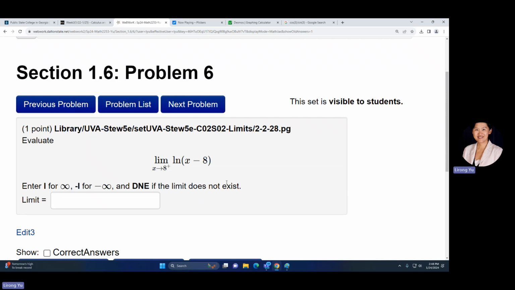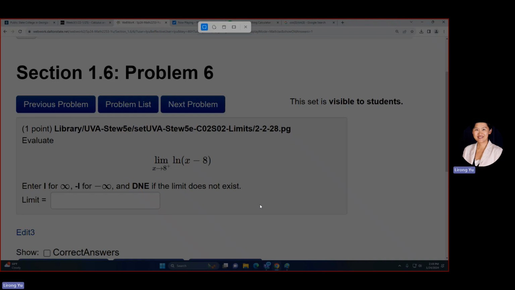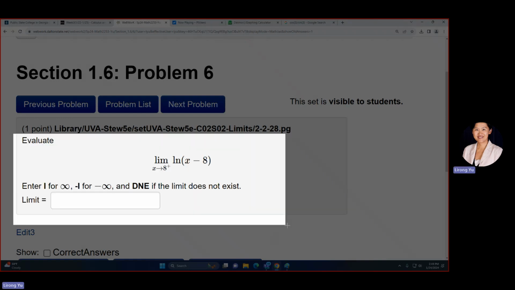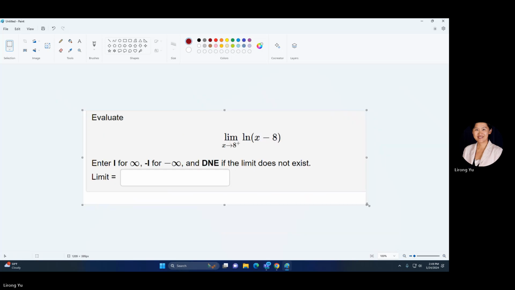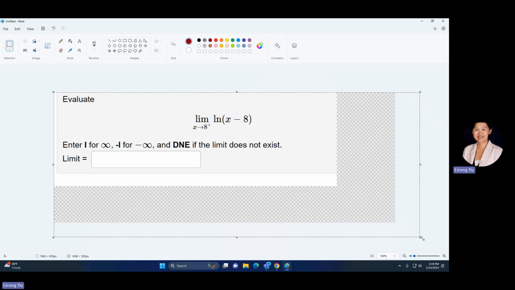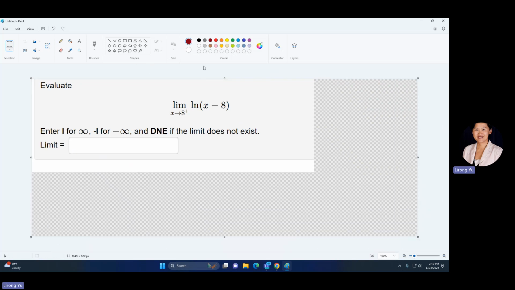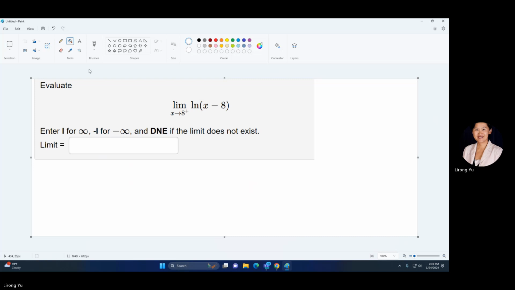All right, another example where the limit does not exist or goes to infinity is a logarithm function. I guess I'll just use a graph, or you can use a number. So let's see, question number 6. X is approaching 8 from the positive side, meaning x has to be bigger than 8.